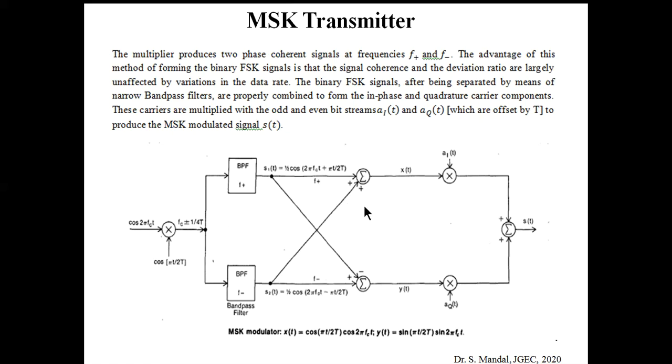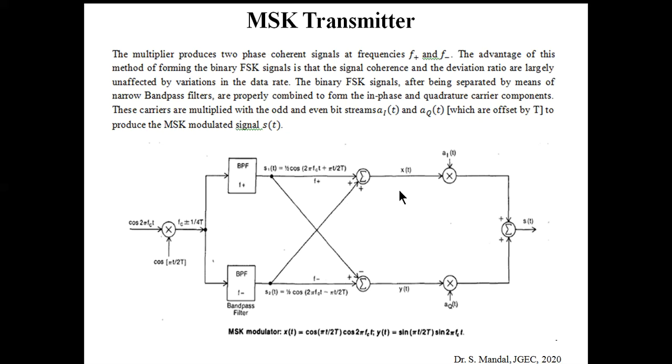Now we are using one adder and one subtractor. The output of the adder is x(t), which is nothing but the summation of s1(t) plus s2(t), whereas the output of the subtractor, that is y(t), is nothing but s2(t) minus s1(t).